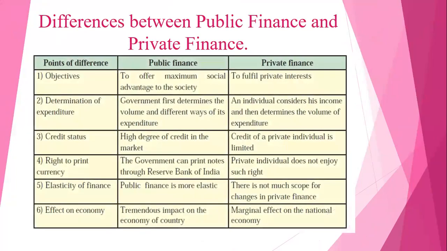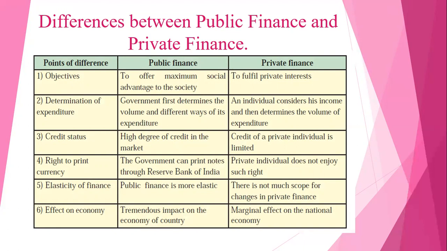Now, see the chart. The chart is about differences between public finance and private finance. Points of difference: public finance, private finance. So first, objectives. Public finance: to offer maximum social advantage to the society. And private finance: to fulfill private interest.